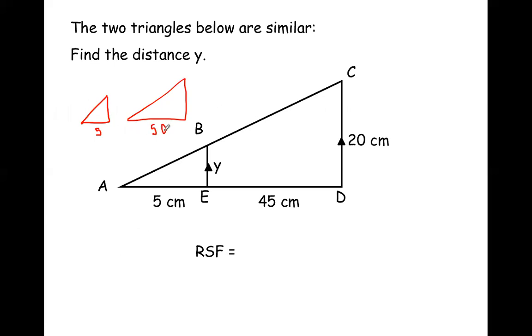Then you can see what the reducing scaling factor is, because you're looking for that side. We've been given 20. So RSF is AE divided by AD, which is 5 divided by 50, and that is just 1/10. So basically you divide by 10.